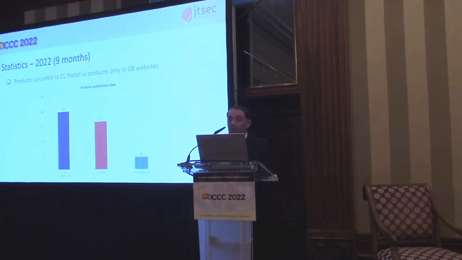And as collectors of CC certification data, we are very fond of this statistic. Since the first executions of the scraper, we noticed that not all the certified products are uploaded to the common criteria portal. Some of them are just published in the national CB websites, and this chart shows that from 196 products certified in this year, 157 of them are published in the common criteria portal, but 39 are not.